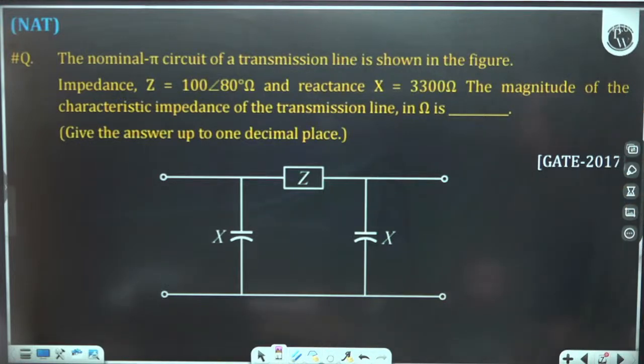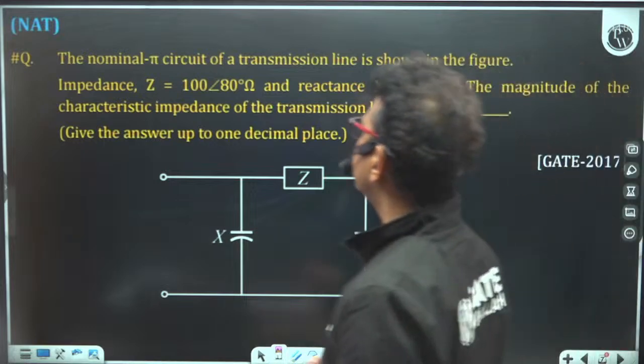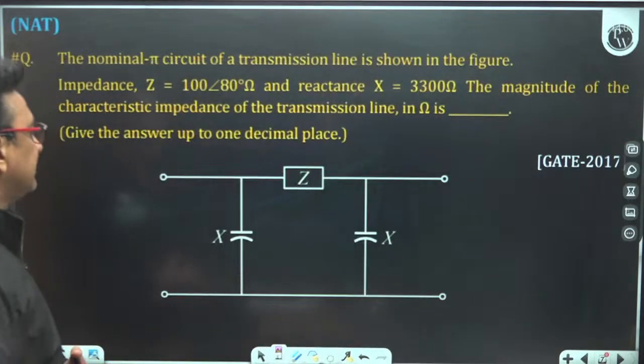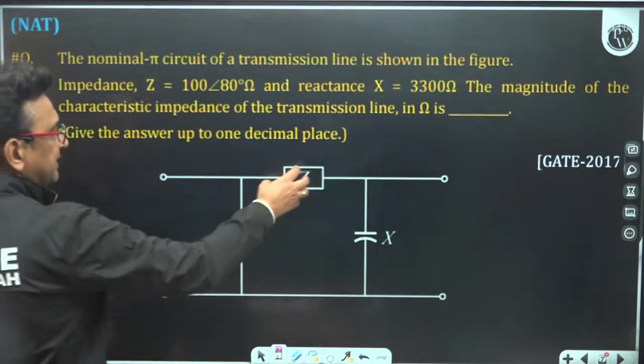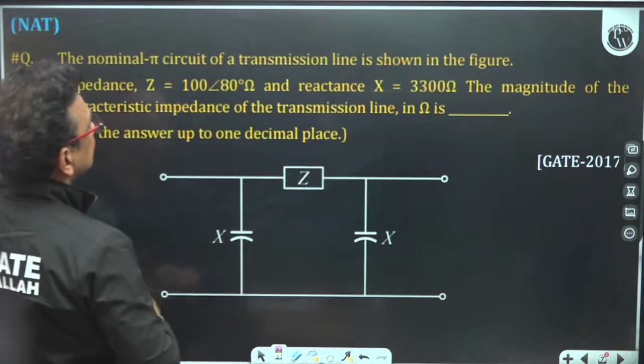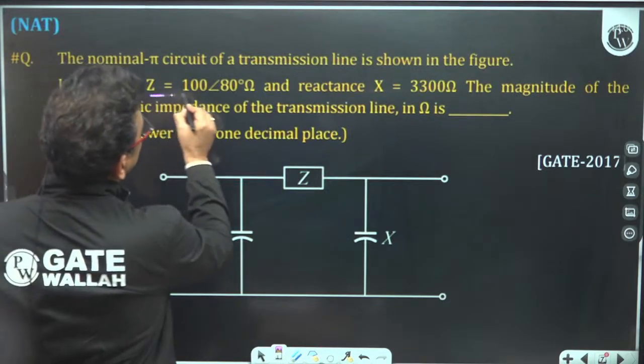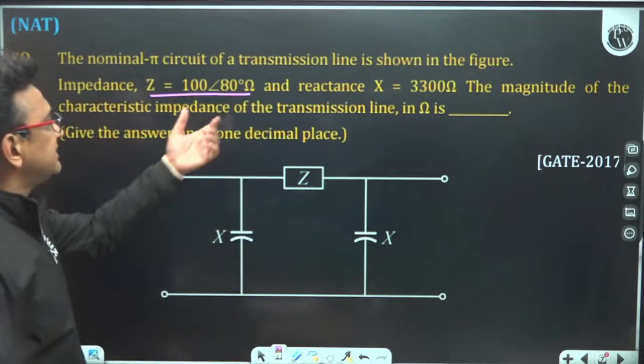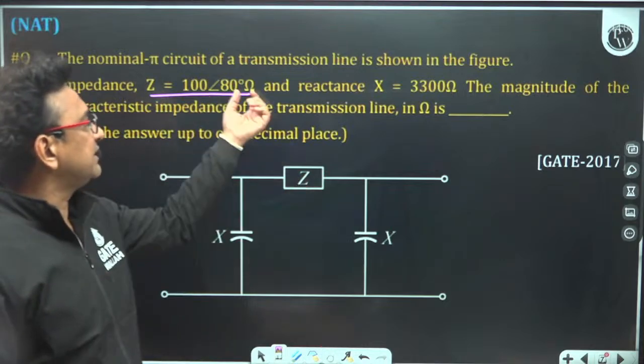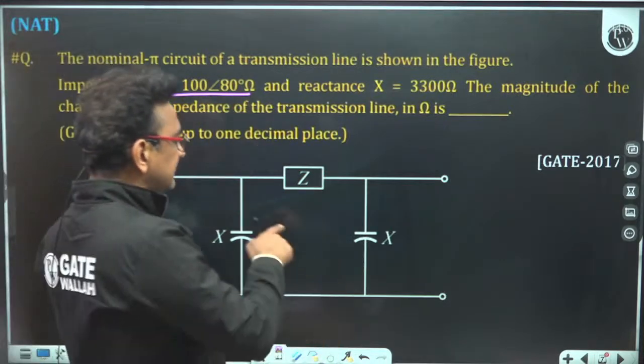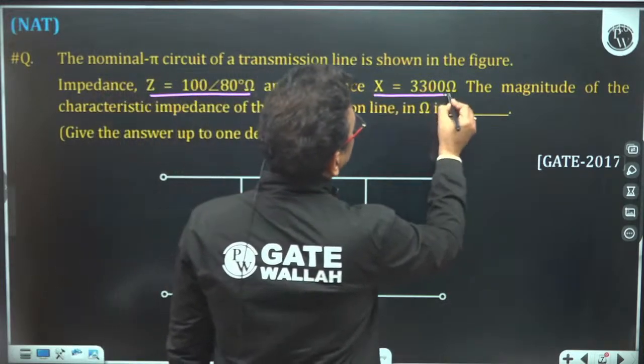It is GATE 2017. The nominal pi circuit of the transmission line is shown in the figure. The series impedance is Z and X. The value of Z is given. See the unit. The unit of Z is ohm, which means Z is the impedance. And this X is also in ohm. That means it is a reactance.